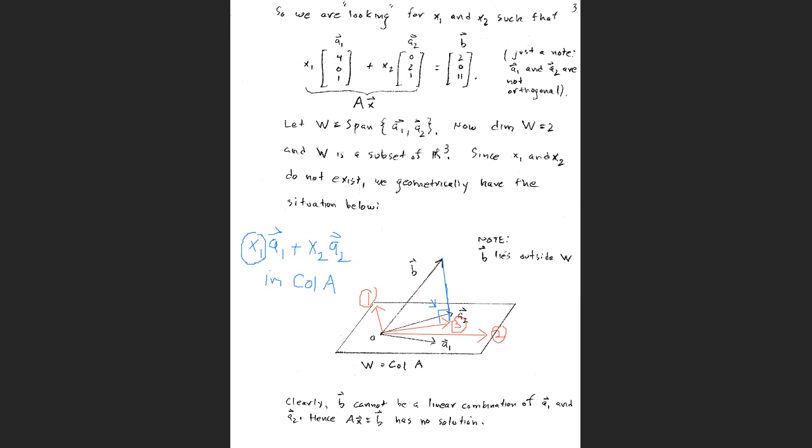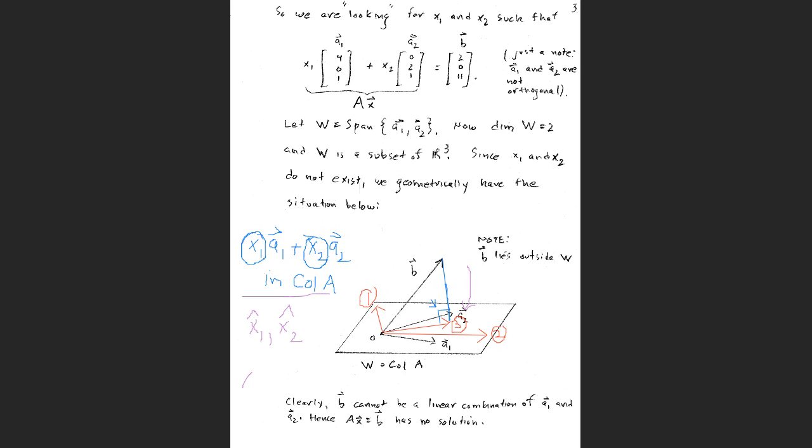some linear combination, some scalars x1 and x2, such that we will get this projection vector 3, okay? And those special values of x1 and x2 are called x1 hat and x2 hat.